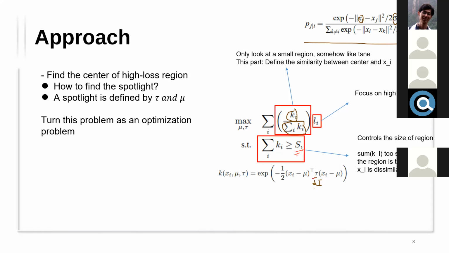Suppose you have a high loss, and let me think about the scaling effect. Can you further explain the scaling effect here? So that means the one closer to the centroid, it is better to have the high loss, right? Okay, that makes sense to me.